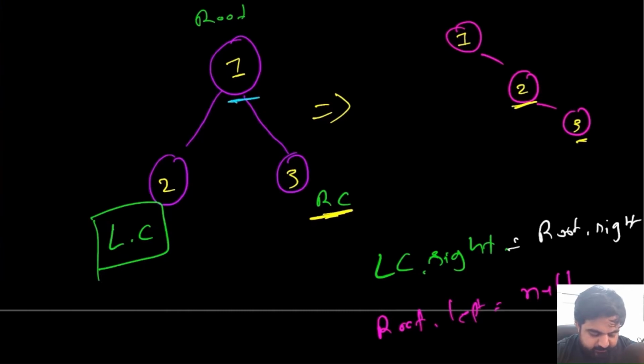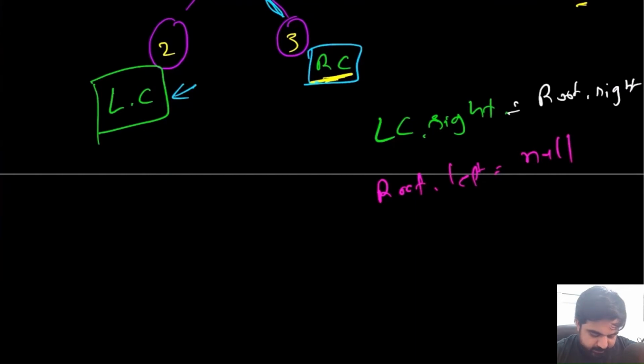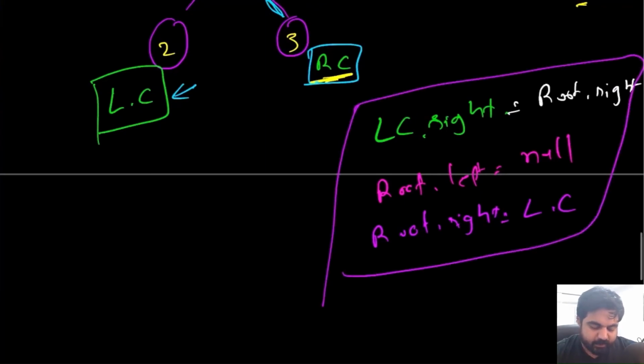Currently root dot right is pointing towards the right child, but rather than pointing it towards the right child, now we are pointing it towards the left child, which we can see clearly here. So root dot right, which was originally pointing towards the right child, is now pointing towards the left child, and that's it. That is the whole logic to solve this problem.